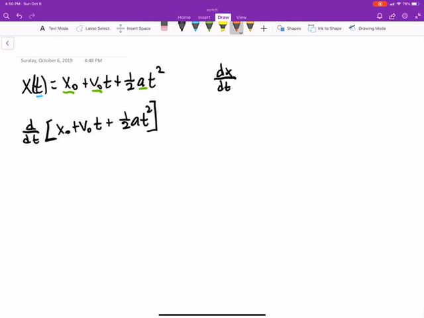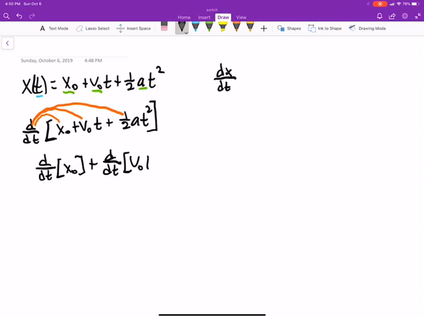One of the properties of linearity is that you can almost think of the derivative as being able to distribute over addition and subtraction. So this simplifies to d by dt of x naught plus d by dt of v naught t plus d by dt of 1/2 a t squared.